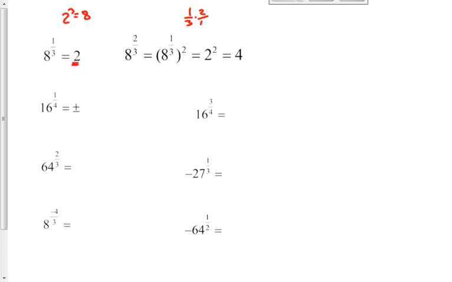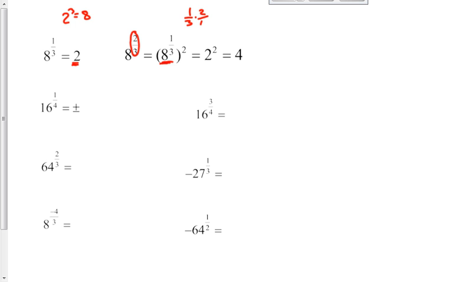So we're splitting apart this power 2/3 into 2 things. One of those things is the piece that we know. We now will be able to recognize that 8 to the 1/3, 8 comes from 2, so in the brackets this becomes 2, and then we'll raise it to the second power, and then 2 squared becomes 4. So 8 to the 2/3 is really 4.